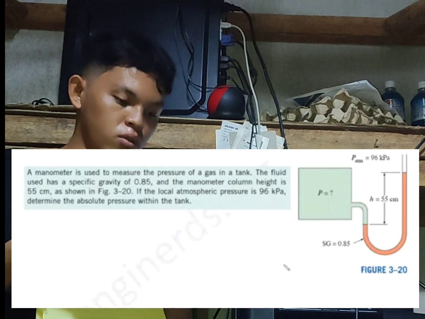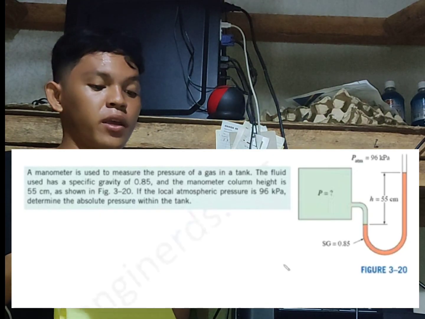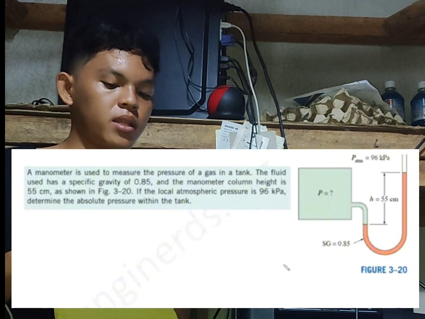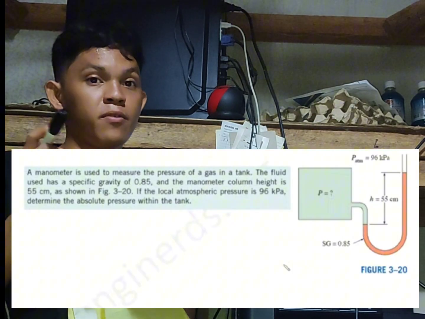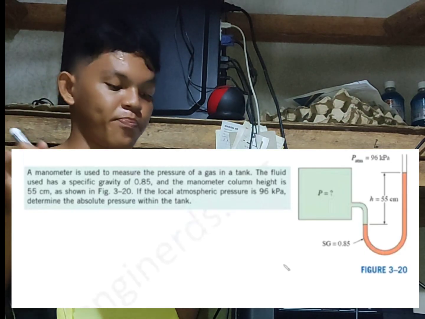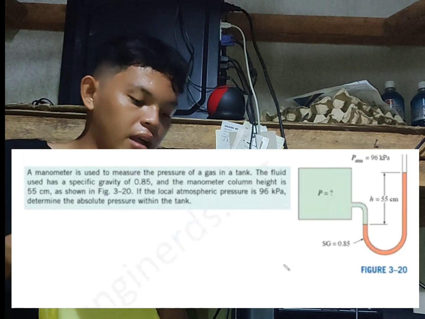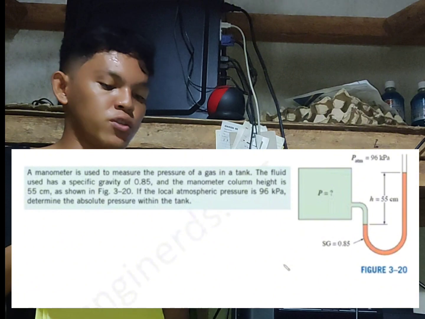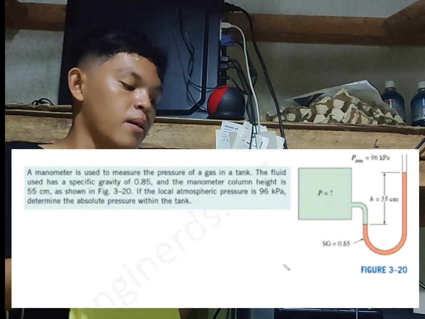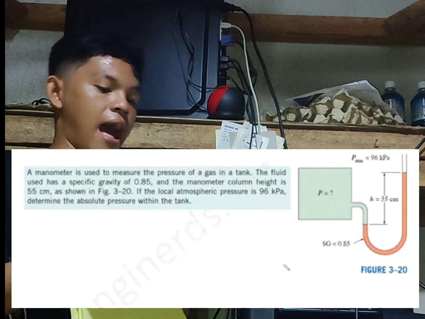The fluid used has a specific gravity of 0.85 and the manometer's column height is 55 centimeters, as shown in Figure 3-20. If the local atmospheric pressure is 96 kilopascals, determine the absolute pressure within the tank.